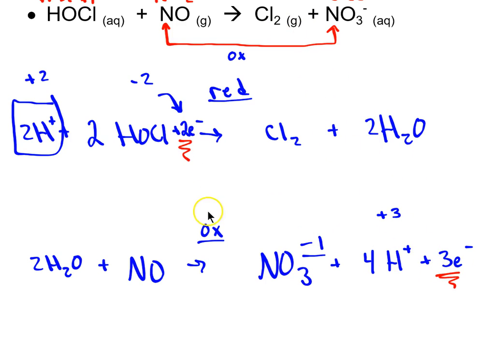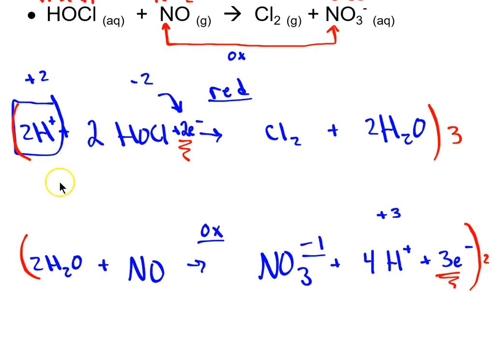I have to balance here, right? I can't have the charges not be equal. So a 2 and a 3 will equal each other if you make them become a 6, correct? So this one needs to multiply by 3. This one needs to multiply by 2.